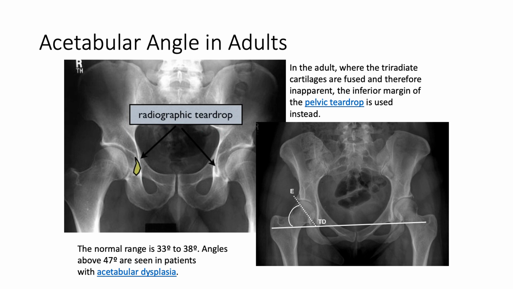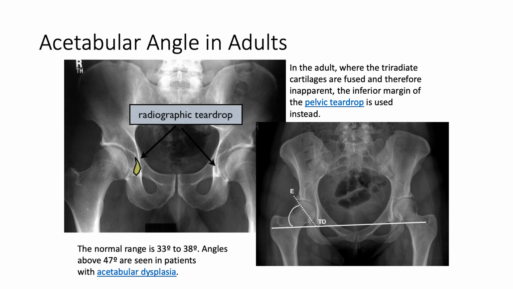So this may help you decide, because a widened acetabular angle in adults may suggest fracture of the femoral neck, subluxation, or dislocation of the femoral head.